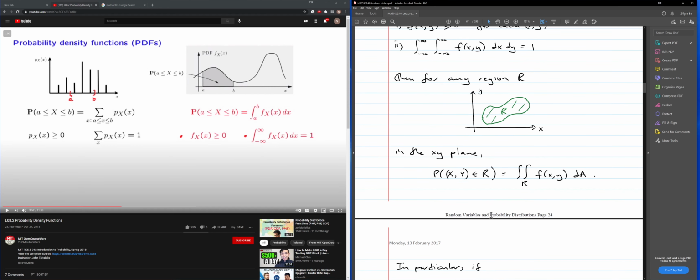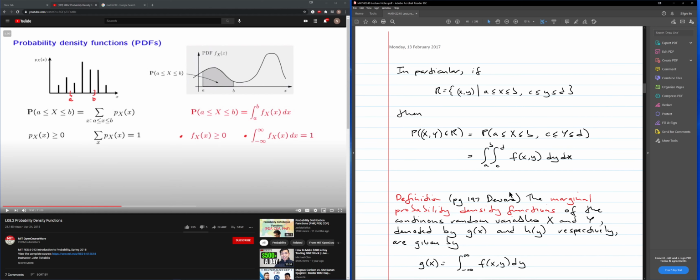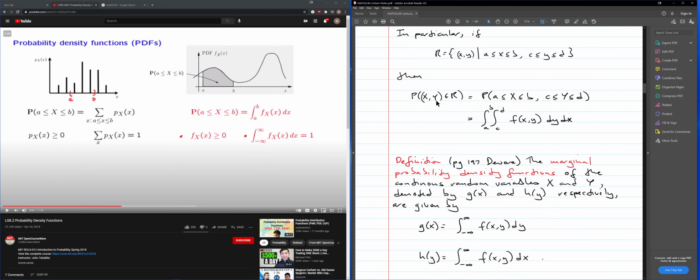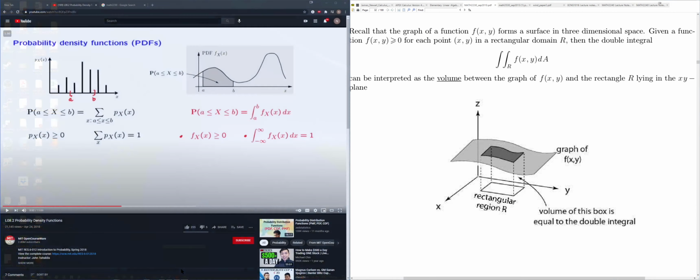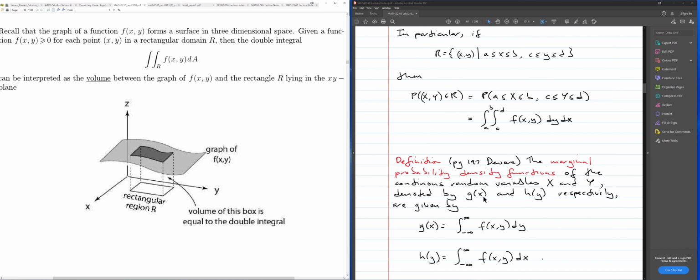So if I want to get the probability that my random variable is taking values in a region R, where that region R is a rectangular region, you're going back to the rectangular regions that we saw when we did double integrals.